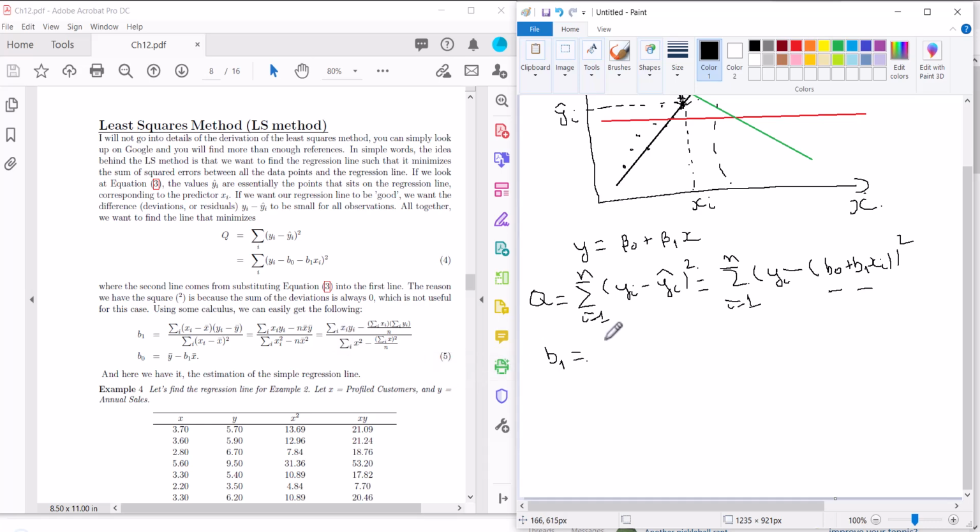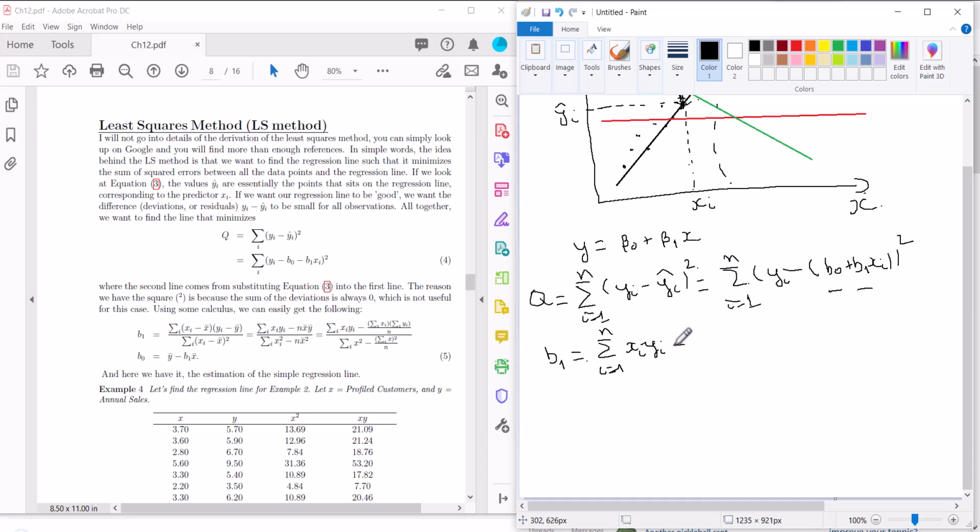The formula for b1 is first, you have the summation over all the data points from 1 to n of the term xi yi. We have seen this term when we talked about correlation analysis.